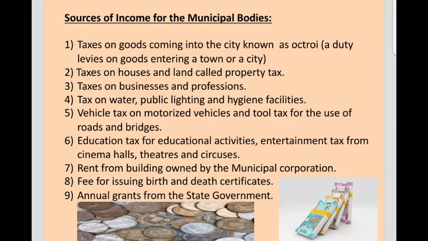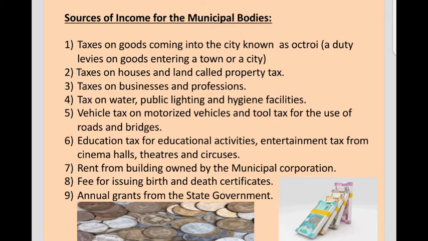An educational tax for educational activities, entertainment tax for cinema halls, theaters and circus, children. Rents from buildings owned by the municipal corporation. Your municipal corporation also has some buildings, on which they get rent, and whatever rents they get, they in turn use for the welfare of the people.